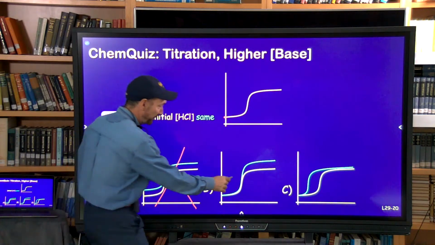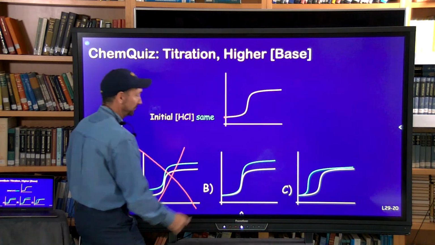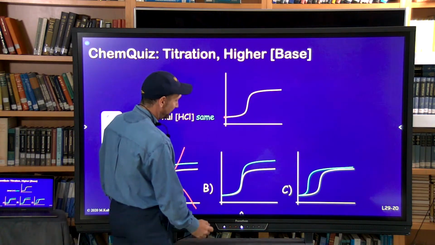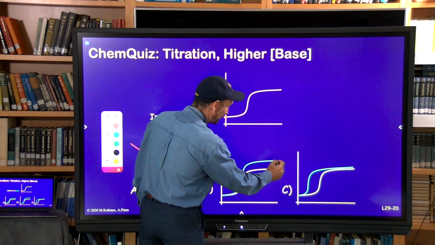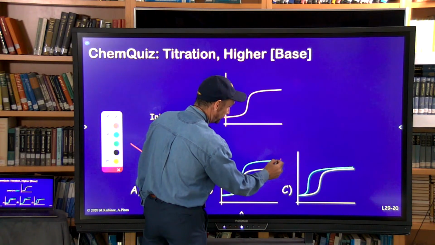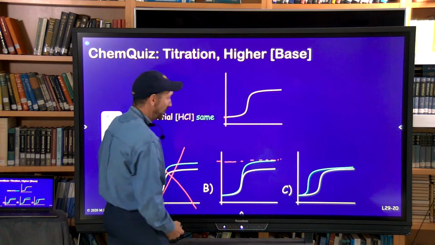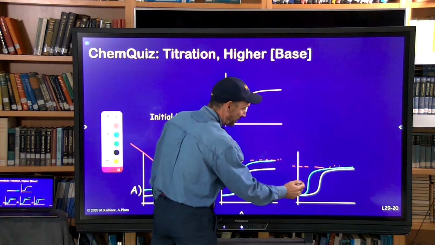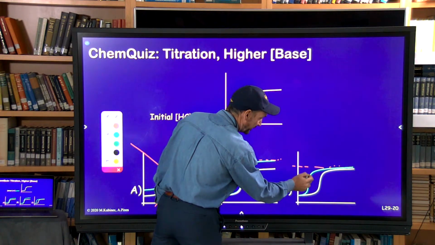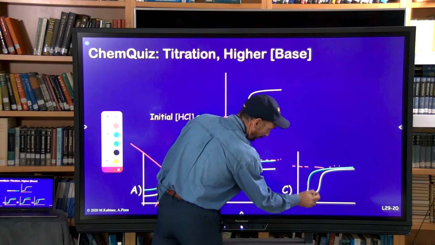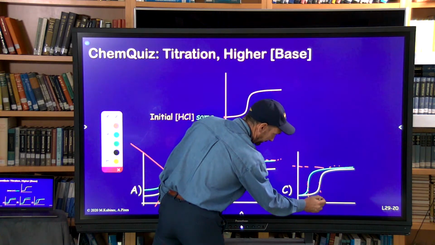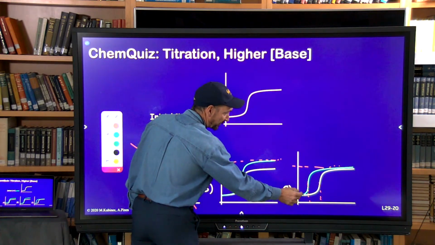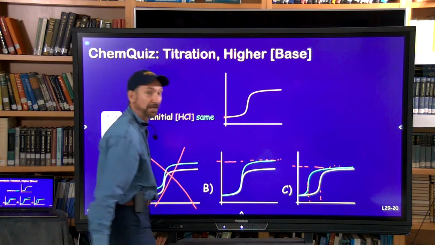So what's the difference between these two? Well, the final pH is the same-ish, but the equivalence point is different. So the green one reaches equivalence sooner than the yellow one.